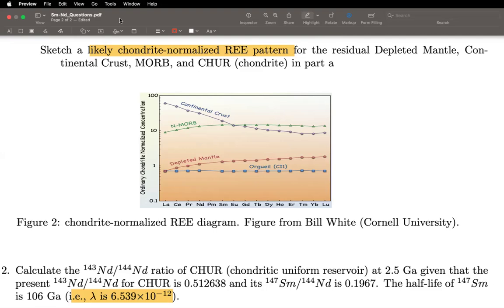The neodymium ratio of CHUR at 2.5 Ga. You are given all the other data, right? The present day CHUR composition is given, and the samarium ratio, that means the parent daughter ratio, is given, the half-life is given, that means lambda is given.